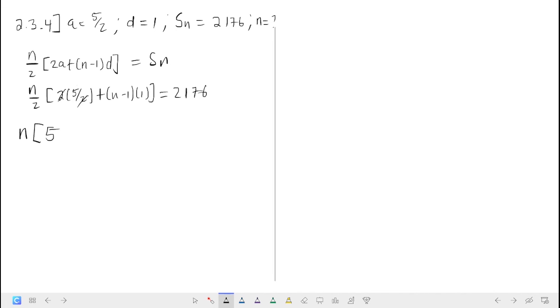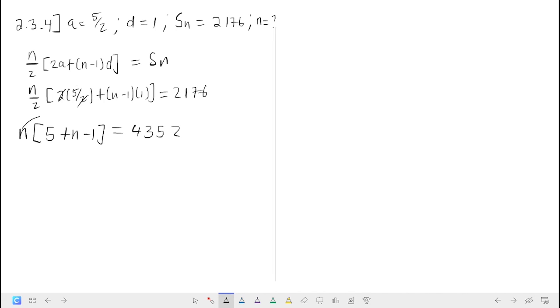Then it's n times (5 plus n minus 1) equals, multiplying 2176 by 2, 4352.